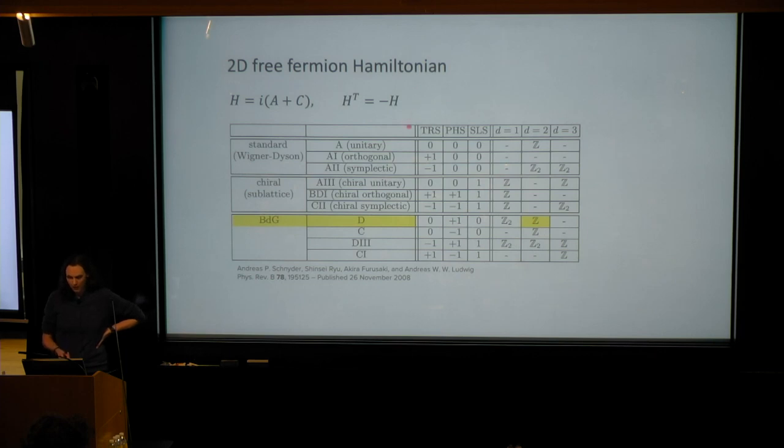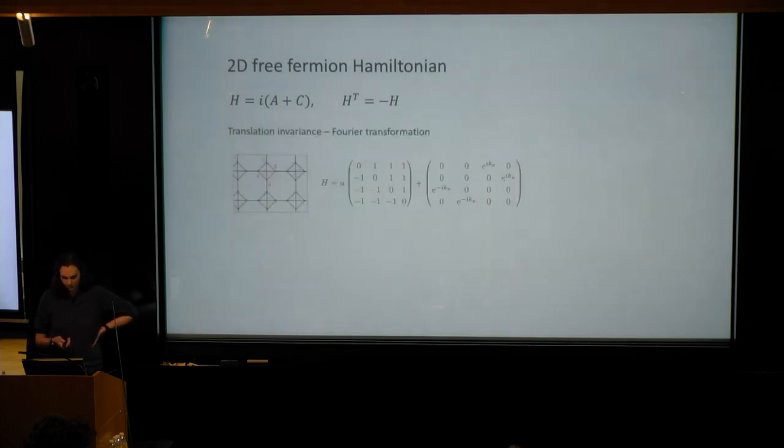So we identify it with a class D superconductor or insulator, and since we're in 2 dimensions, we would expect to find a Z-valued topological invariant for this Hamiltonian, and this is exactly what we are going to study next.